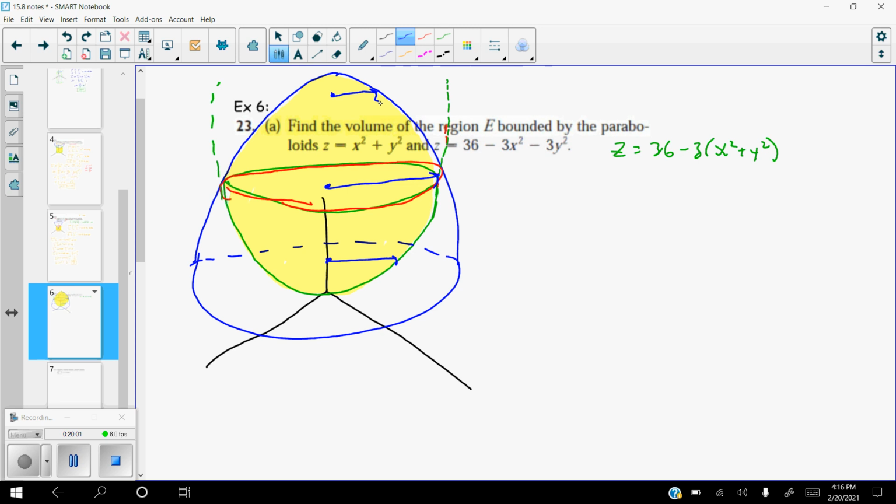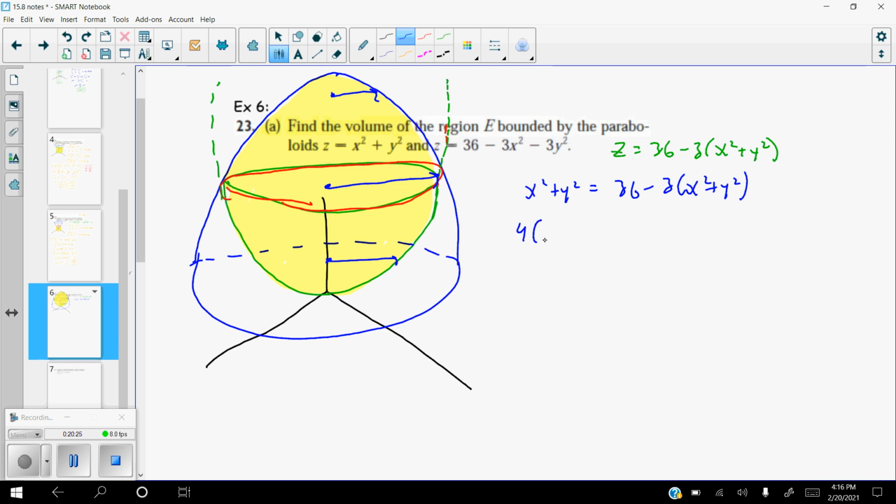In order to figure that out, we're going to have to set the two equations equal to each other. So I know that x squared plus y squared is going to have to equal 36 minus 3 times the quantity x squared plus y squared. Actually, factoring that out helped me quite a bit, because now I'm going to add 3 of the x squared plus y squareds to the left.